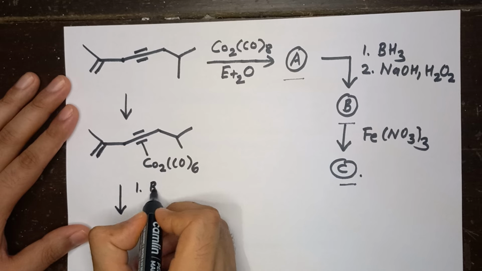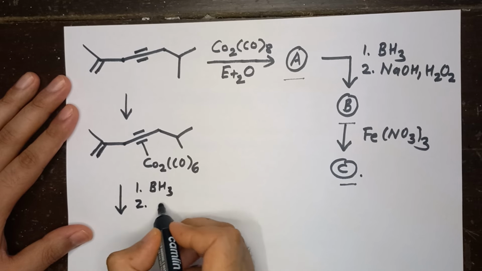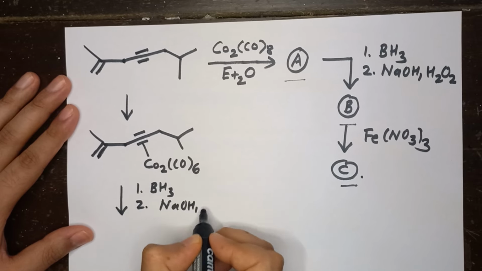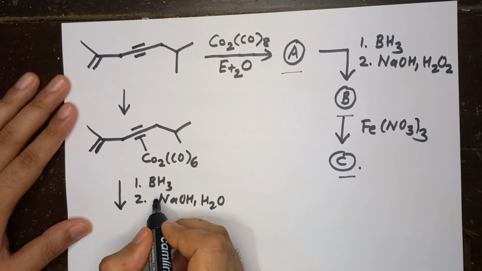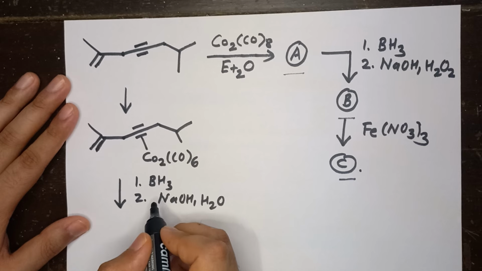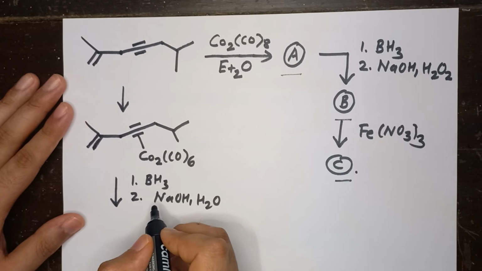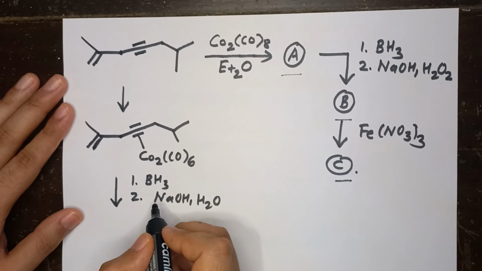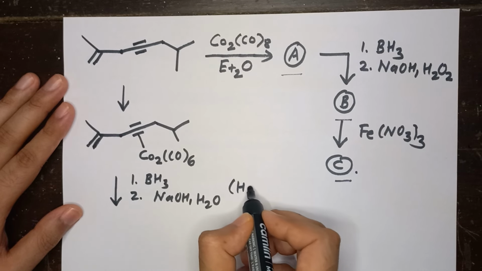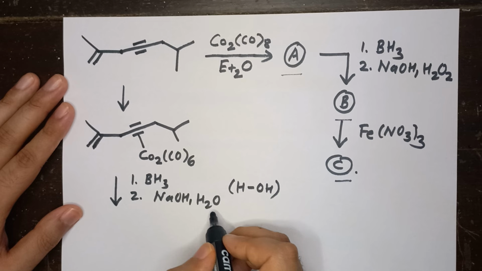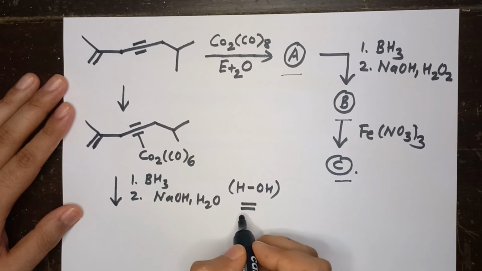So first step BH3, second step NaOH H2O2. This is a hydroboration oxidation reaction, which we will discuss in detail in future when we talk about reagents. For time being, you just remember, you need to add a water molecule across a double bond in an anti-Markovnikov manner.